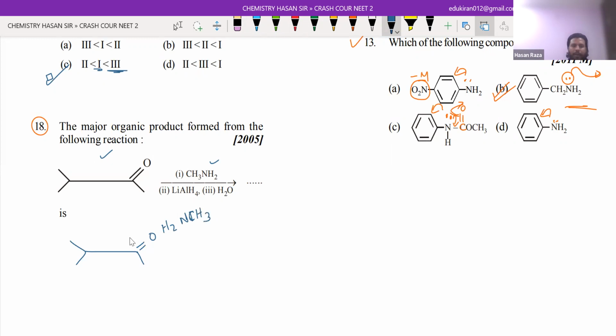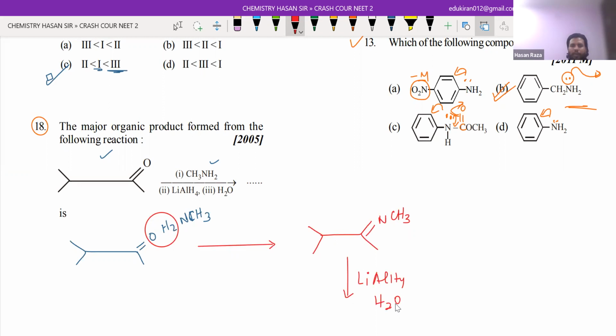So what you need to do is just remove the H2, and you will get a double bond N-CH3. After this, if you react this with LiAlH4 followed by hydrolysis, you know what will happen? This will reduce. That means this bond will be broken and hydrogen will be added here and here. So the final product that you will get is NHCH3. Please do write it and let me know.